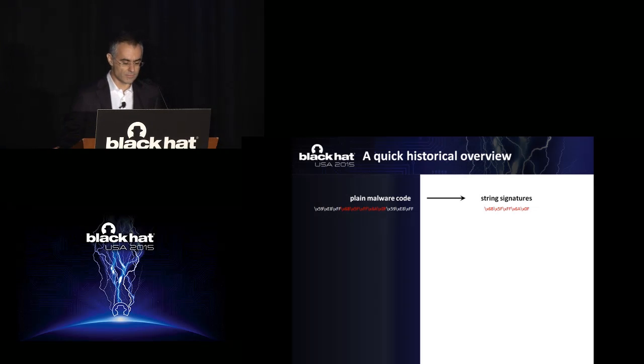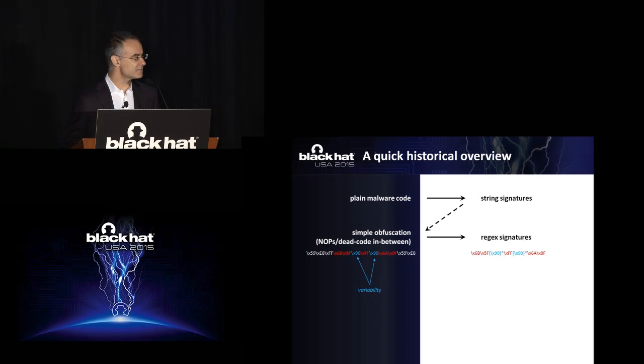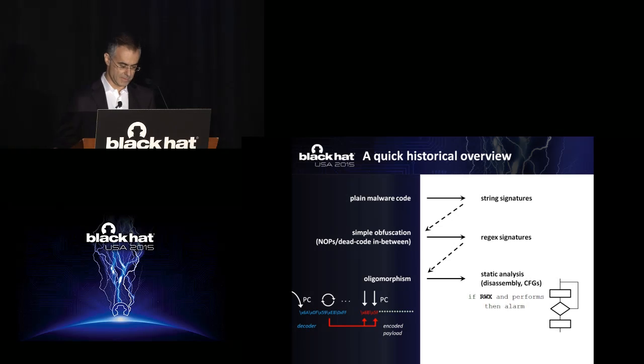Let's have a quick overview of malware evolution and the antivirus. Initially, the malware contains plain code, and the antivirus uses signatures in order to detect this code. Then we have simple obfuscation, and to detect the malware, the antivirus uses regular expressions. After that, we have oligomorphism, which is encryption.